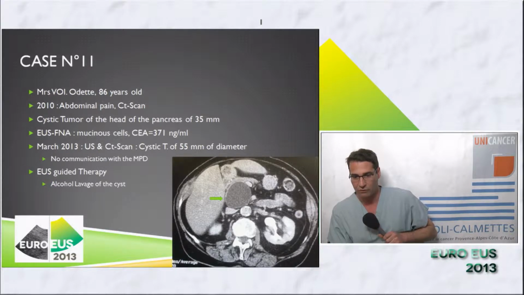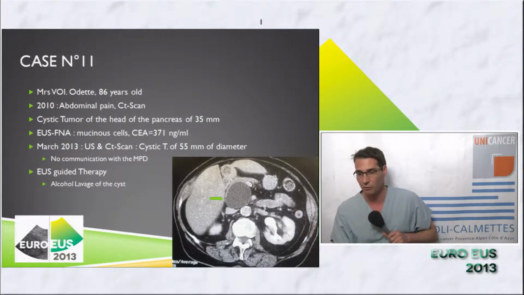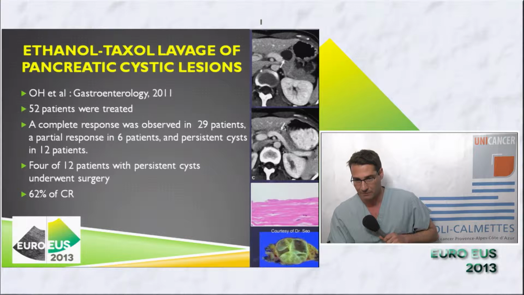In March 2013, EUS and CT scan showed a growth of the size of the cystic tumor and no communication with the main pancreatic duct. The patient is scheduled for EUS-guided therapy and alcohol lavage of the cyst.